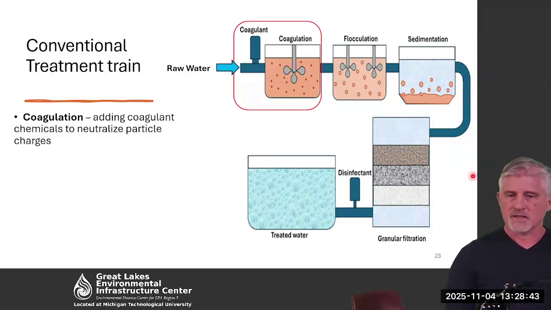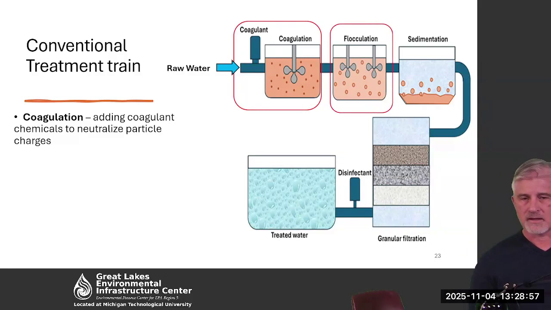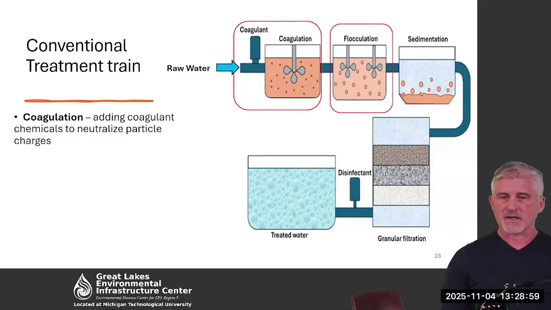The coagulant sticks to the particles that are suspended in the water and makes them sticky. We put that into a flocculation basin and stir it up, and that causes those sticky particles to come together and make bigger particles.